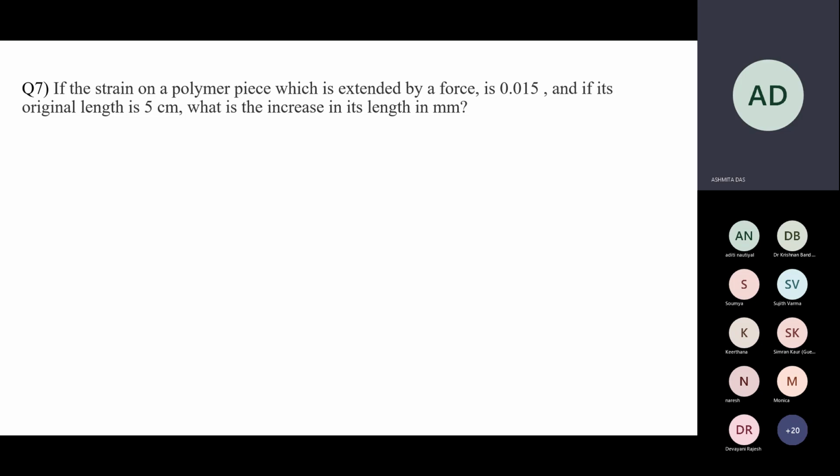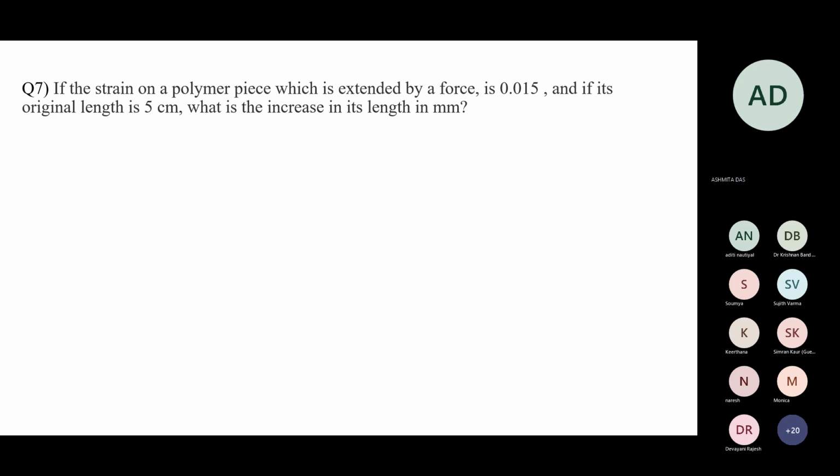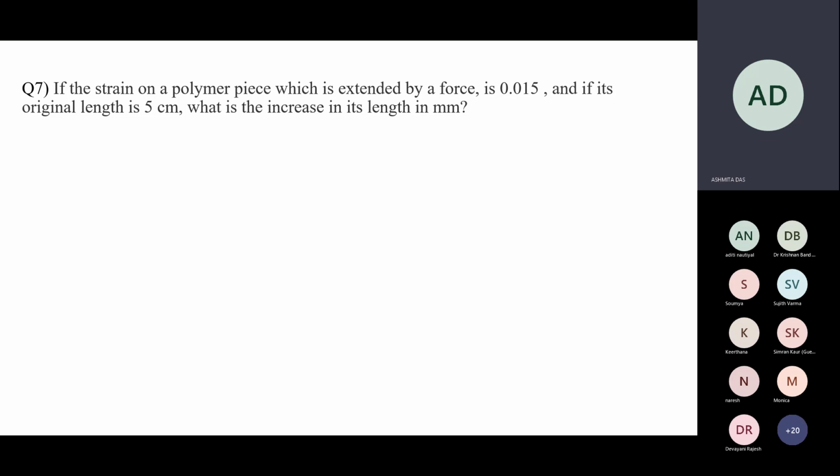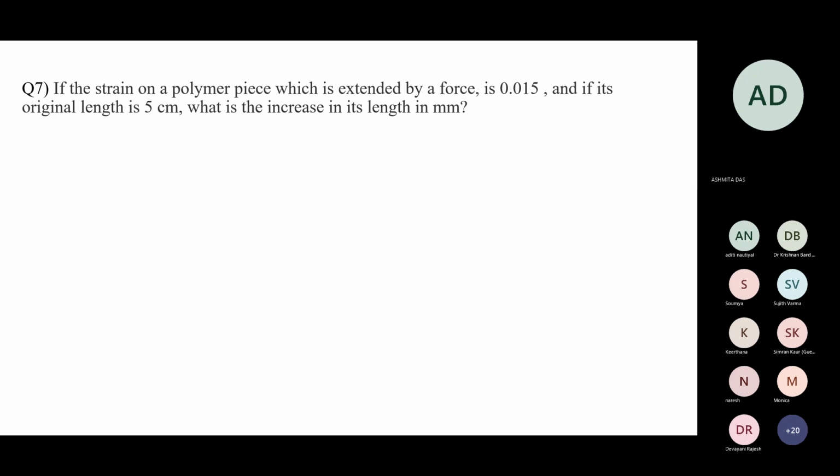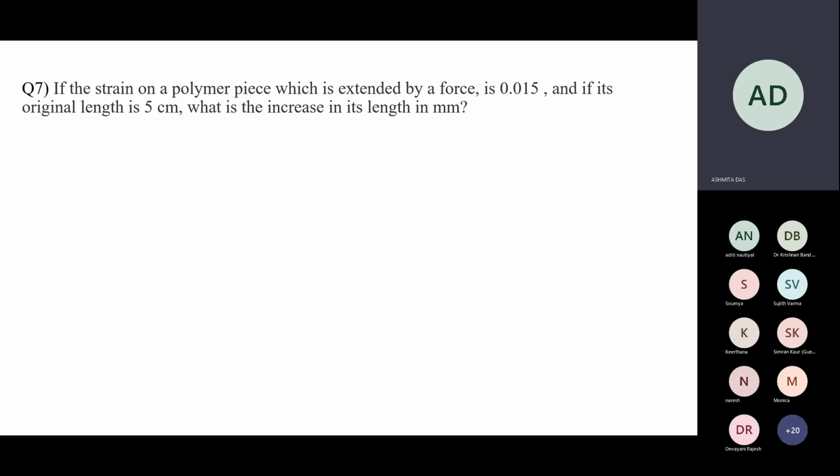So the original length, as per the definition, is considered as 5 centimeter as per the question, and the extension by force, or strain, is del L by L, that is 0.015. So the increase in the length will be 0.015 into 50 mm. Everyone understood why it comes as 50?